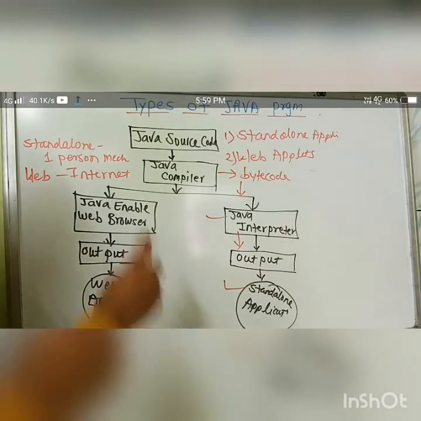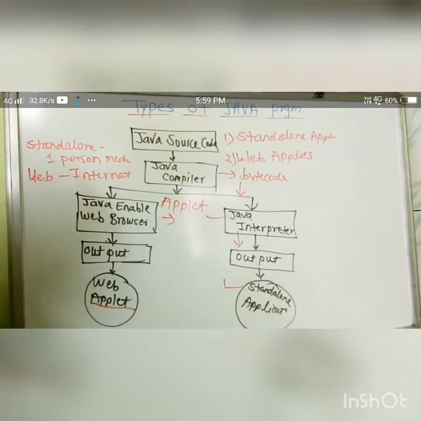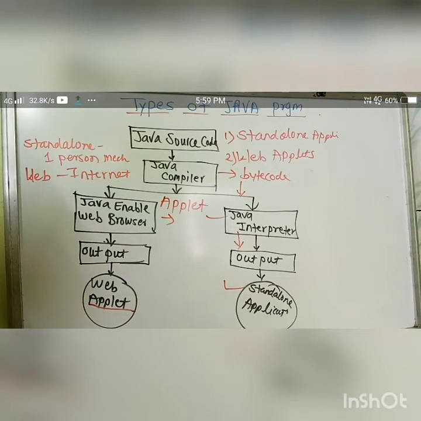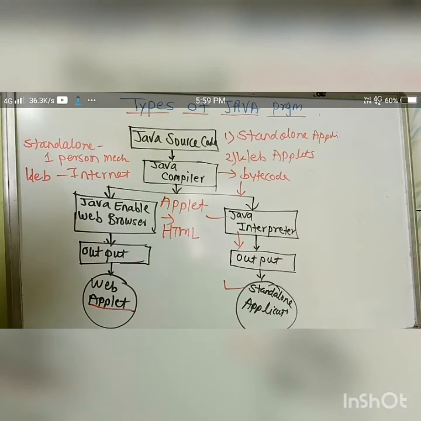Basically, what is the applet? An applet is written with HTML tags and executed under the web page. This process is somewhat more complex compared to creating and running standalone applications.